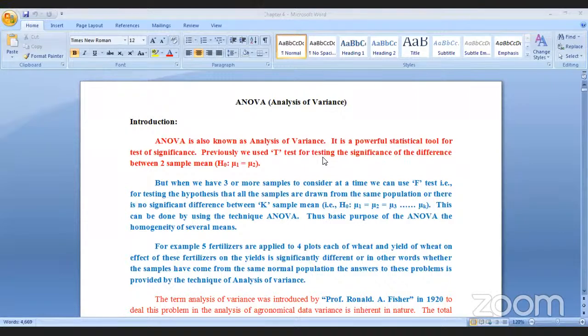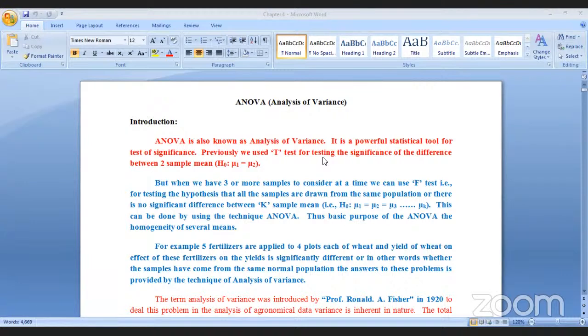It is a powerful statistical tool for test of significance. Previously, we used t-test for testing the significance of difference between two sample means, that is H naught: mu1 equals mu2. But see, when two samples are there, then we are going to use t-test. But when we have three or more samples to consider at a time, we can use F test. F test is nothing but Fisher's test.